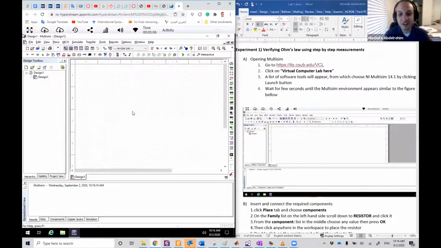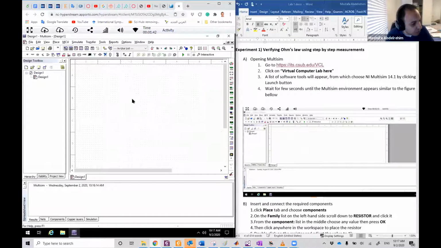Okay, we have the virtual computer lab, and Multisim right now in front of us. Here you will find some of the devices that we're going to use to measure currents and voltages, and the oscilloscope. We're going to explore these steps together as we go in this lab, and of course the following labs.